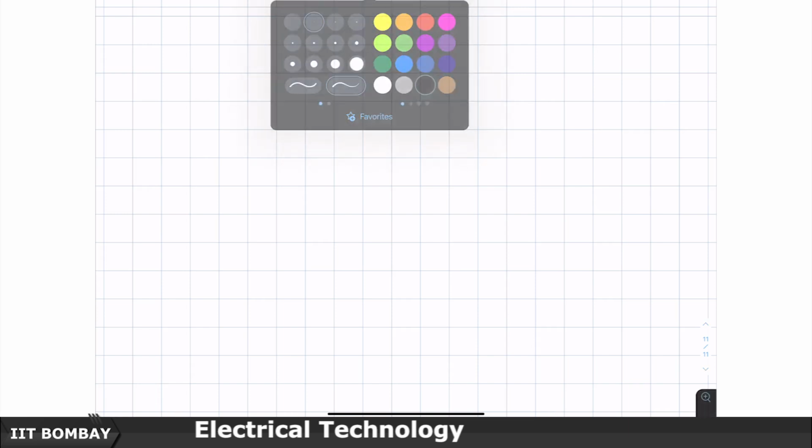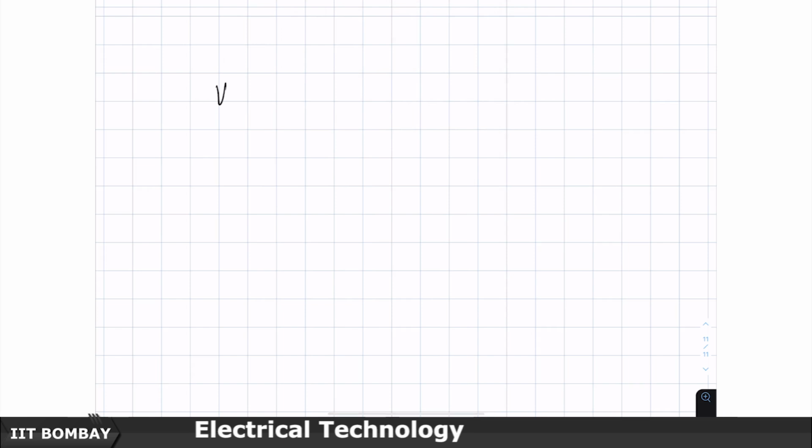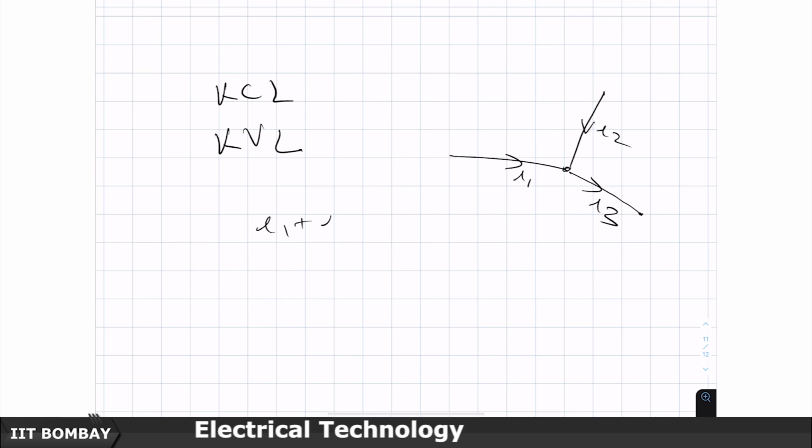Why is that a big thing? Because of KCL, Kirchhoff's current law, and KVL, Kirchhoff's voltage law. What does Kirchhoff's current law say? Suppose I have these three currents, this is I1, this is I2 and this is I3. Then I know that I1 plus I2 is equal to I3.